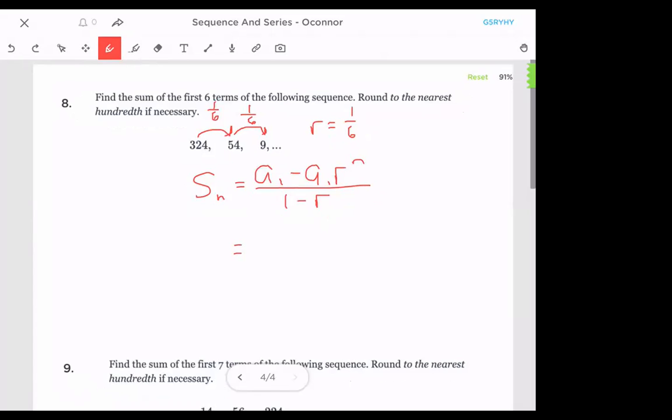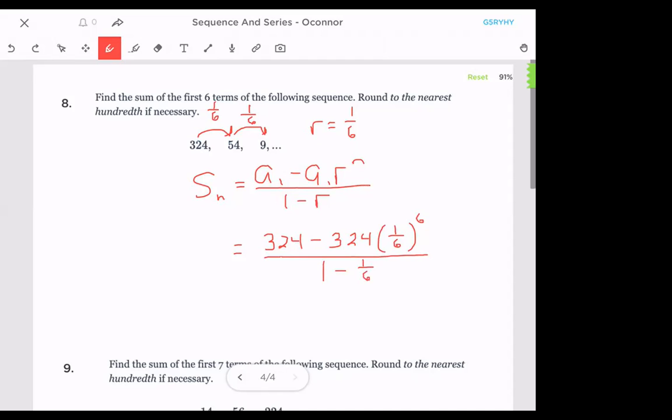All right, so let's do our a sub 1, which is our first term. So that's 324 minus 324 times 1/6 to the 6th power. And I'll divide it by 1 minus 1/6.